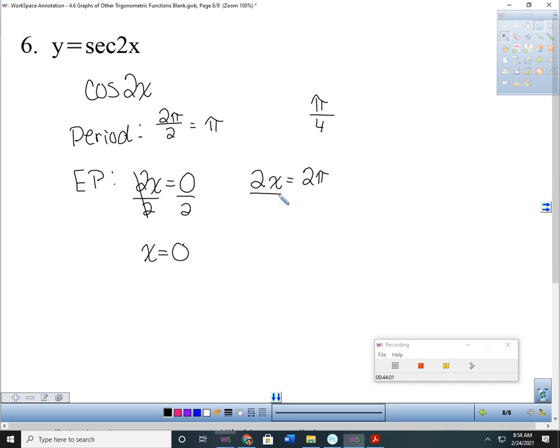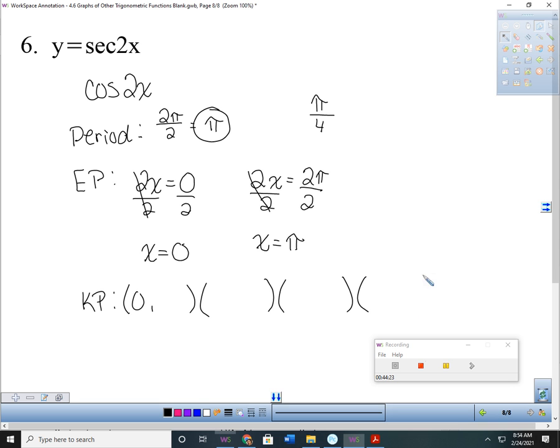And I divide by 2, which gives me pi. So from 0 to pi, that's a distance of pi, right? So I know this is where I'm starting, and this is where I should end. For my key points, I know the first one should be 0, comma something, and the last one should be pi, something. If it's not, then I know I've done something wrong.